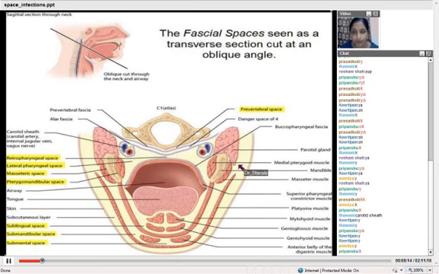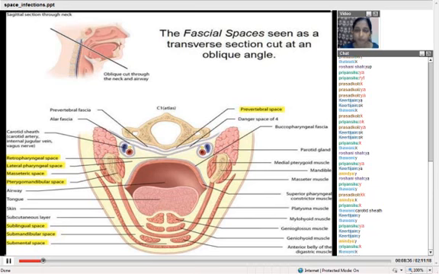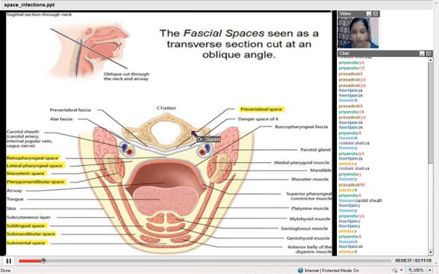Here you have your mandible, your parotid gland, and the medial pterygoid muscle and all of that. So in this diagram we are seeing the facial spaces that are in the posterior most area, right in front of your vertebrae. Okay, so now you know these three.